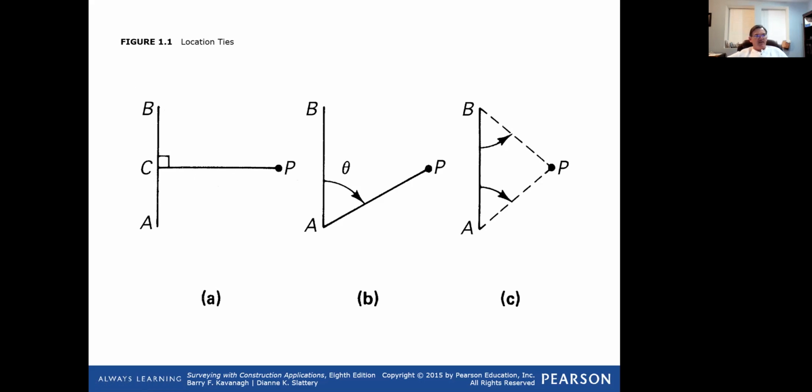But the two most common methods of locating a point are these. The polar method, right here, is number one by far. You have a known direction, a starting point, and a back sight. This is where your instrument might be set up, and this is your back sight, where you're coming from. You turn an angle from that and you go a distance. That is 99% of the time what surveyors do. This other one is a type of remote location, remote sensing, so to speak. I wouldn't really call it sensing, but surveyors do it somewhat.